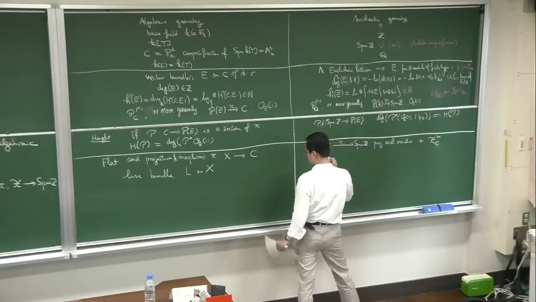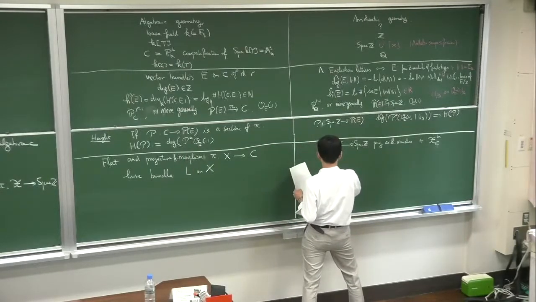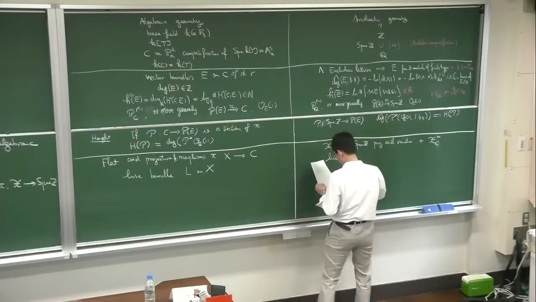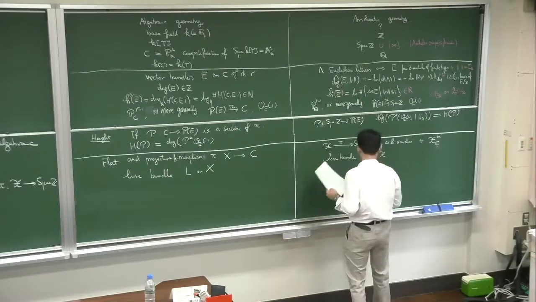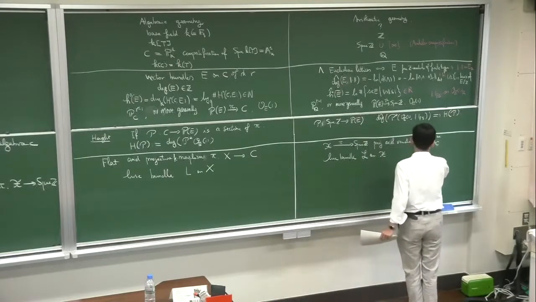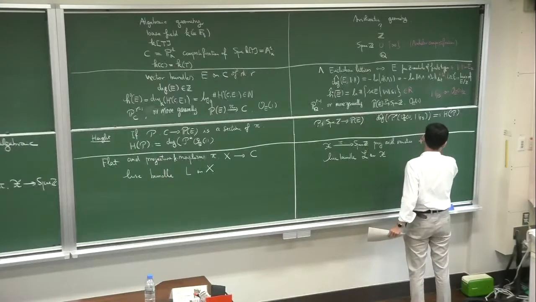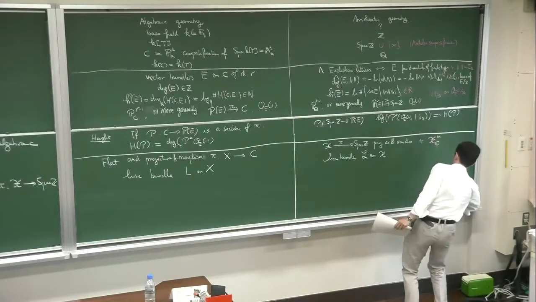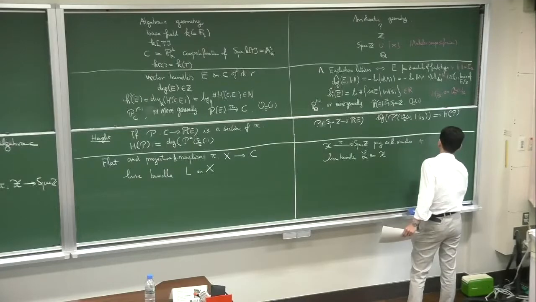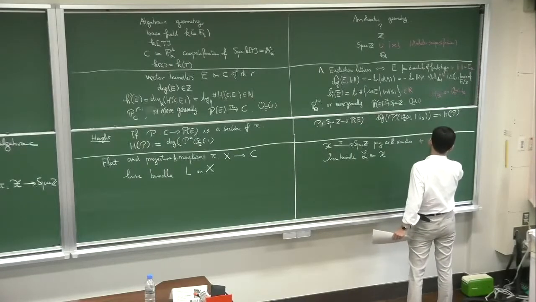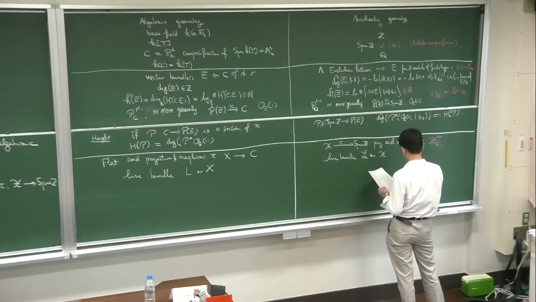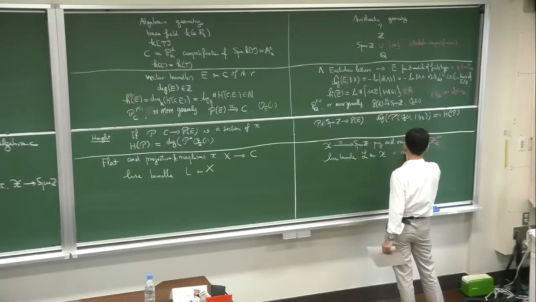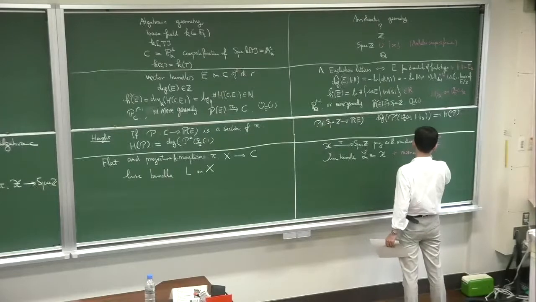So here you need to introduce some line bundle L on X. Maybe I need to use the red color to say that it's different. So here you need to add some metric.